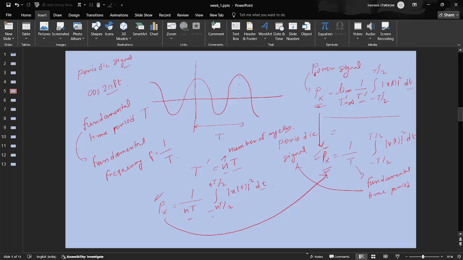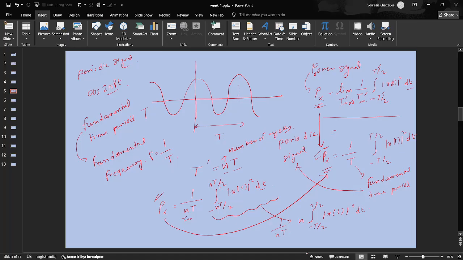So this integral I can safely write as n times the energy over a single cycle. And here remember what we have, we have just 1 over nT.